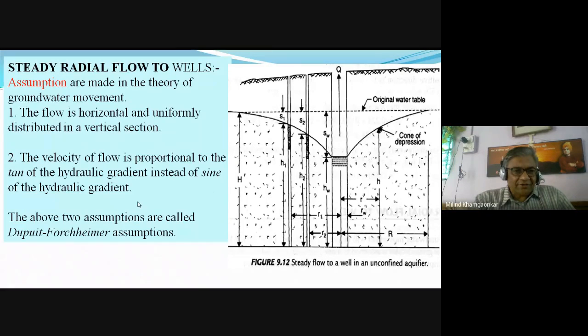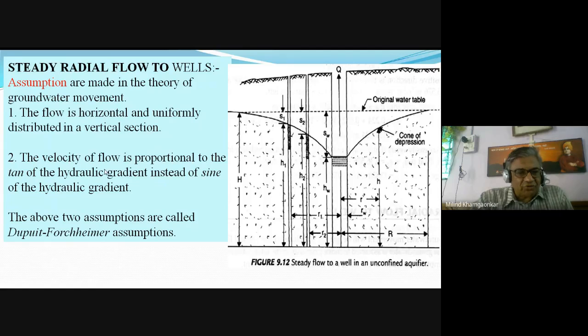The velocity of flow is proportional to the tan of the hydraulic gradient instead of the sine of the hydraulic gradient. This cone of depression, its slope, the velocity is proportional to that slope.